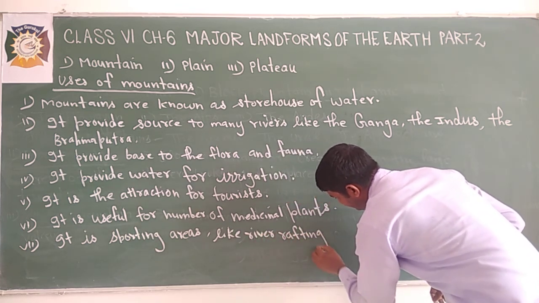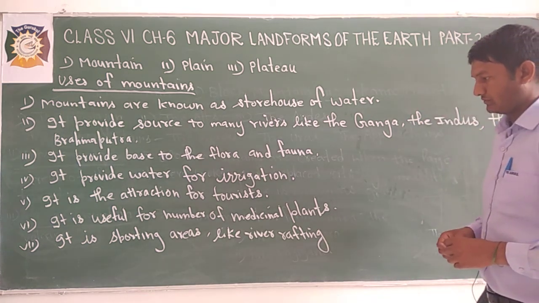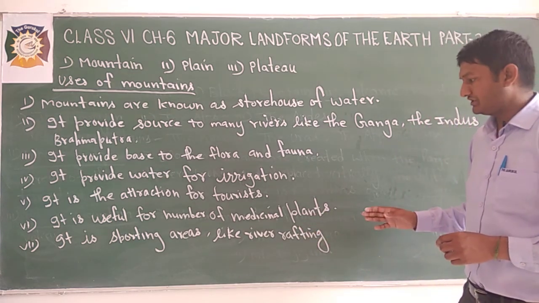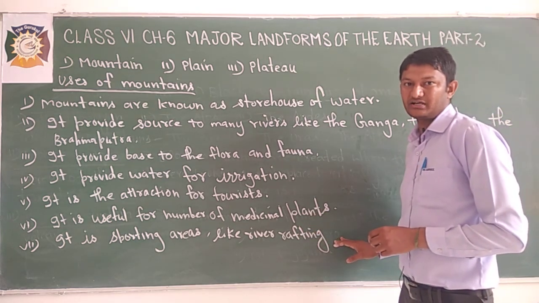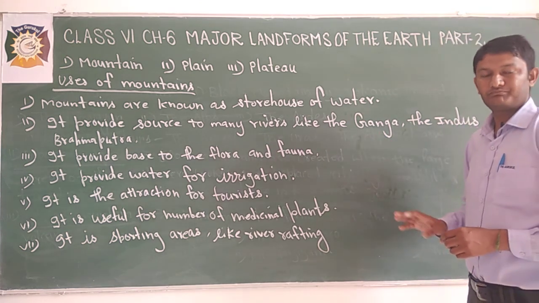You might have seen a number of people or tourists go to Siachen Glacier, Gangotri Glacier. They enjoy river rafting in those areas. In this way, mountains are very helpful for us.